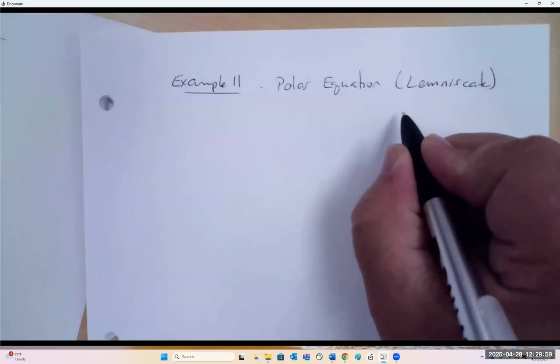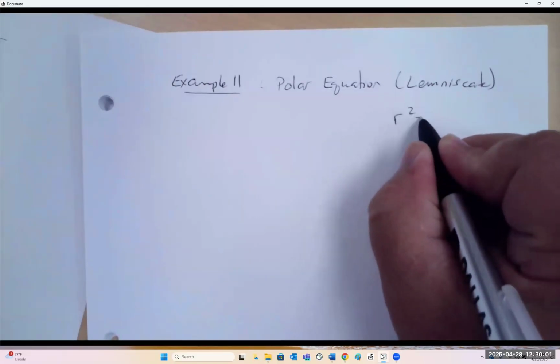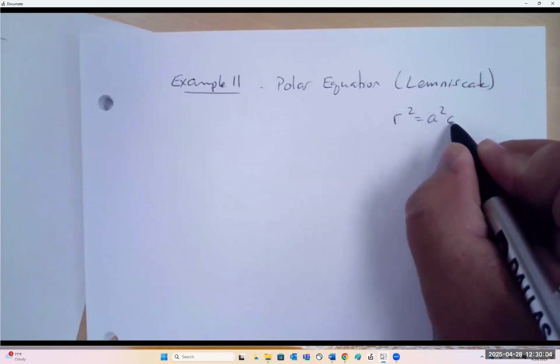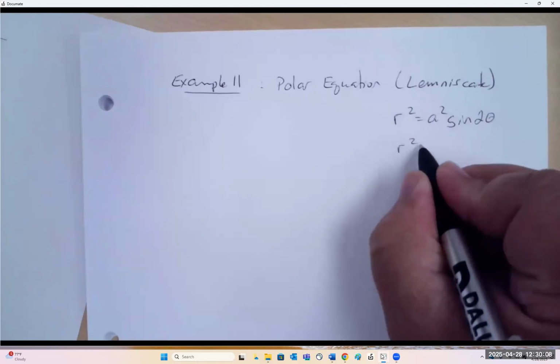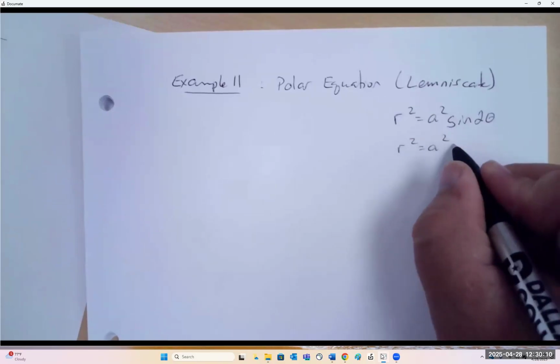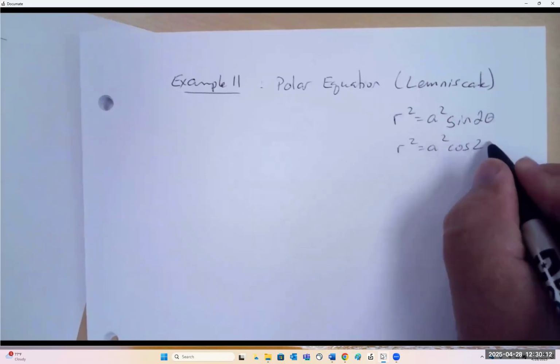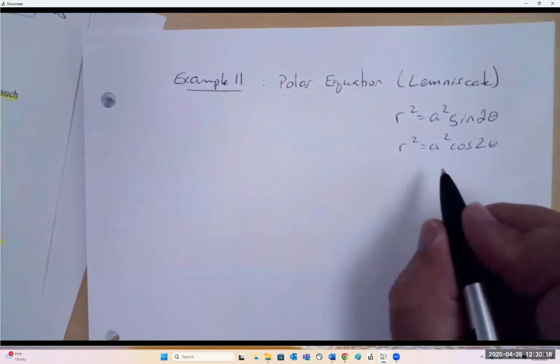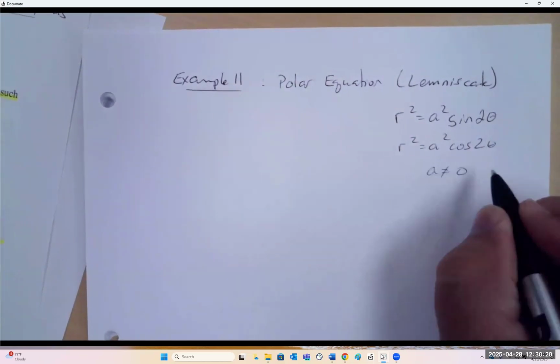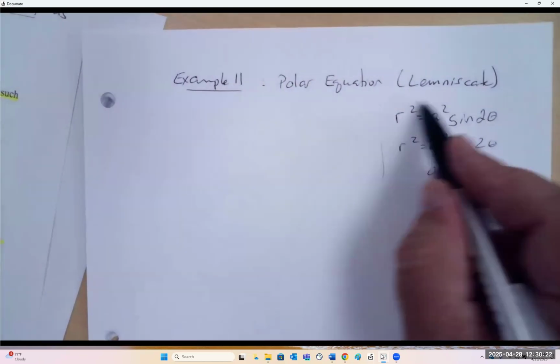Lemniscates have these conditions: r squared equals a squared sine 2 theta, or r squared equals a squared cosine 2 theta, and a cannot equal 0. So these are the conditions for those.